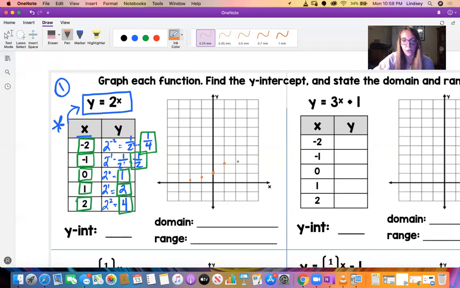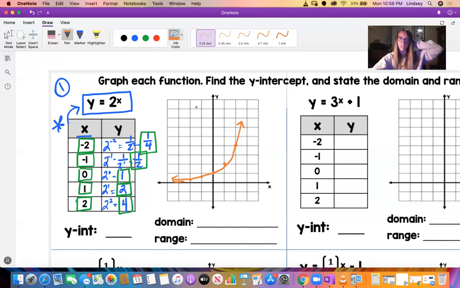And 2, 4. All right, so you can see how this graph also has that curve. Okay? I mean, I didn't do perfectly there, but y'all can see what I'm talking about.